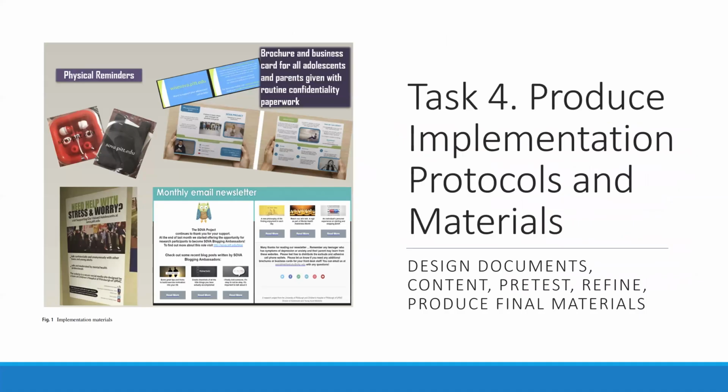And then once you're ready, you produce your implementation protocols and materials. Protocols in research are basically the directions: what do I need to know to be able to do this thing? And then the materials are really the physical things, like documents and content. You want to test it out and refine it.